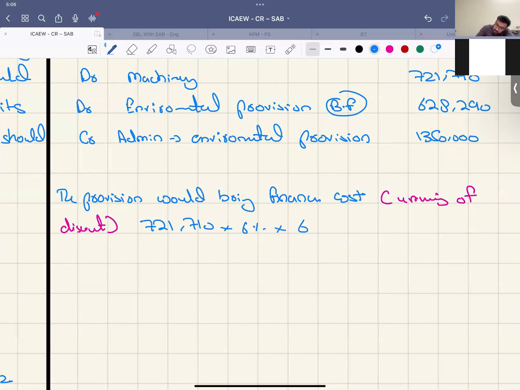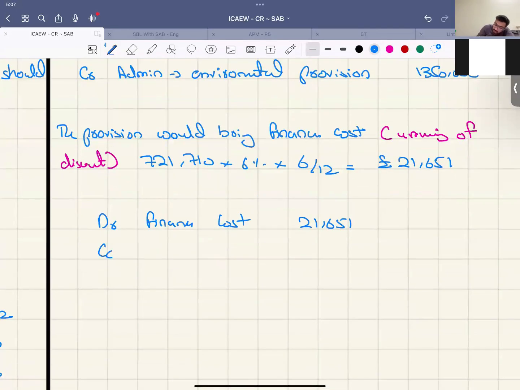And since it's just 6 months, so 6 divided by 12. So it's going to be an interest cost of 21,651, which is going to be debit finance cost 21,651, and it's going to be credit at environmental provision. And if you write the GLs, it's going to be the grade 1, right?